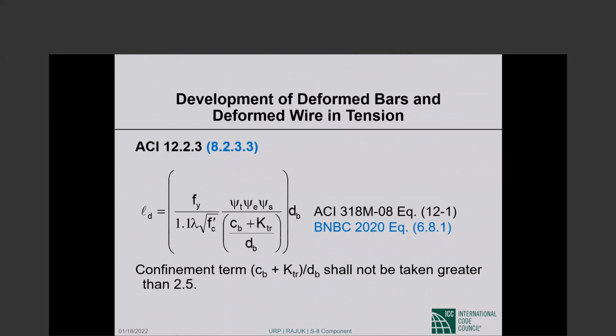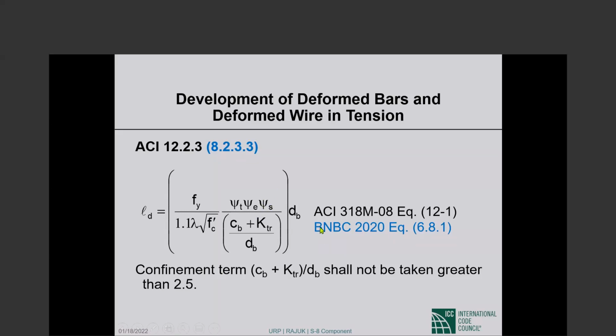This is supposed to be a little more refined, a little more exact. Here also, we have the yield strength of the reinforcement and the compressive strength of the concrete, and the lightweight concrete factor lambda. Here we have an additional factor, psi sub s, for bar size. We will look at what all those factors are.